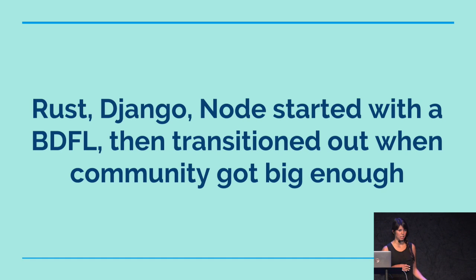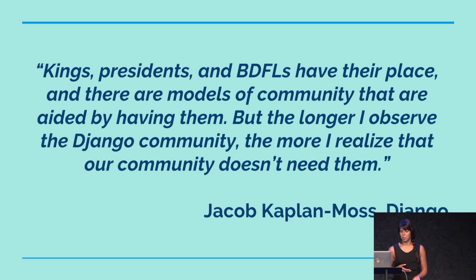And as examples of this working in action, Rust, Django, and Node are all big projects that did start with a BDFL, and then they transitioned out once the community got big enough. So Jacob Kaplan-Moss, who was one of the BDFLs of Django, when he decided to step down, it was almost like an afterthought.